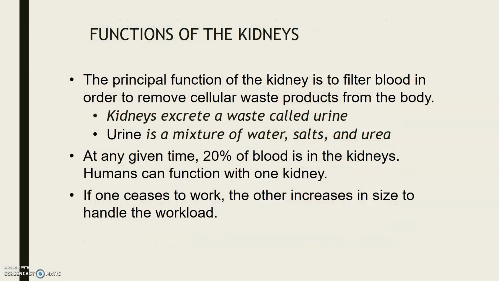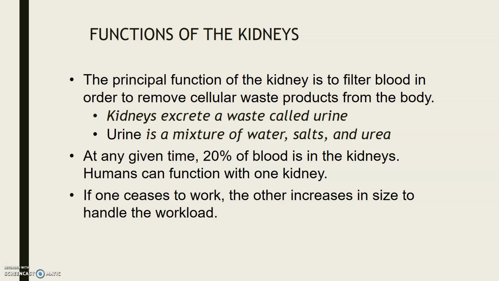As we already stated, the principal function of the kidneys is to filter blood in order to remove cellular waste products from the body and other non-liquid wastes. The kidneys excrete a type of waste that's referred to as urine. Urine is a mixture of water, salts, and urea. At any given time, a whopping 20% of our blood is in the kidneys.